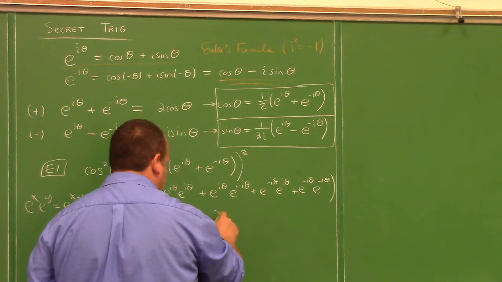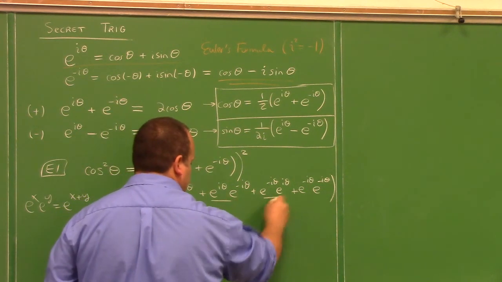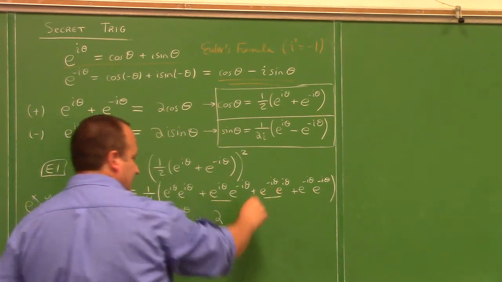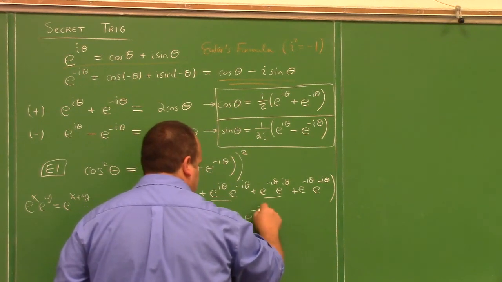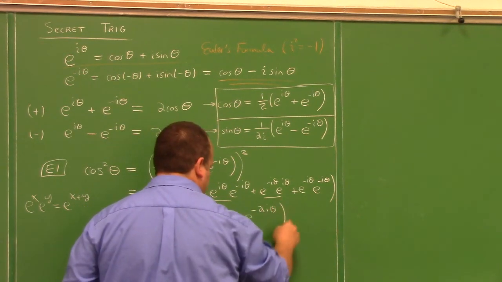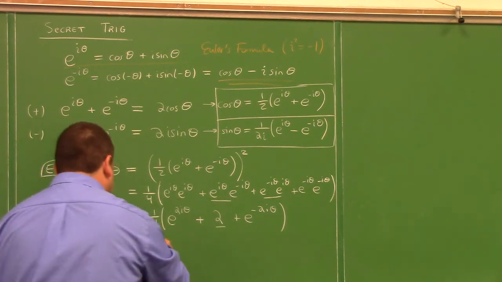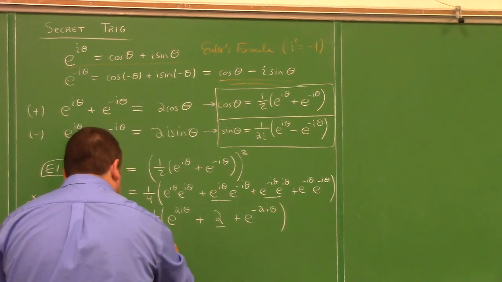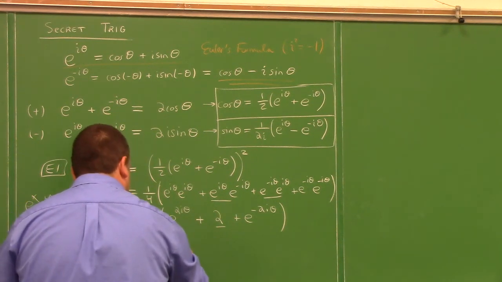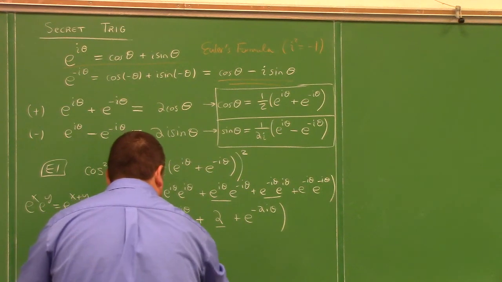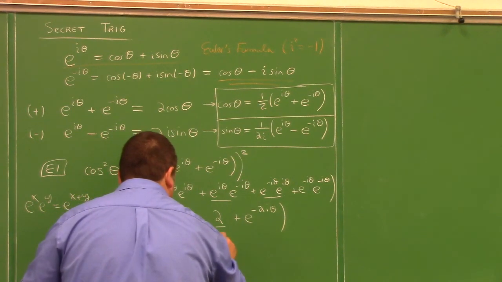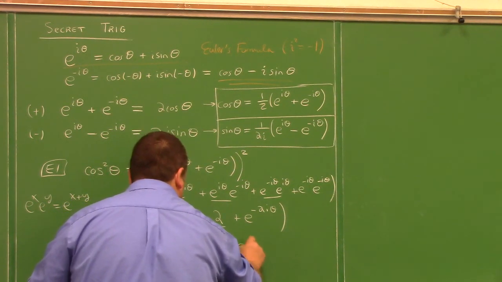We get 2 from these two terms. And that gives us e to the minus 2i theta. So what we're looking at here is 1/2 plus 1/2 (e to the 2i theta plus e to the minus 2i theta).